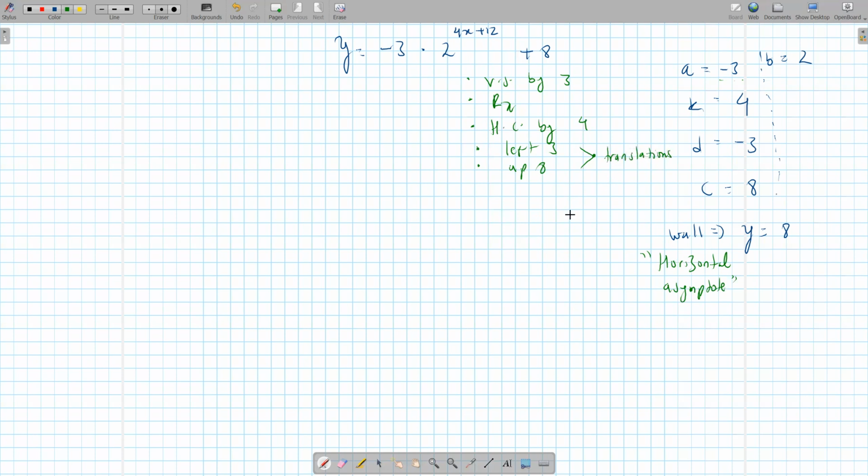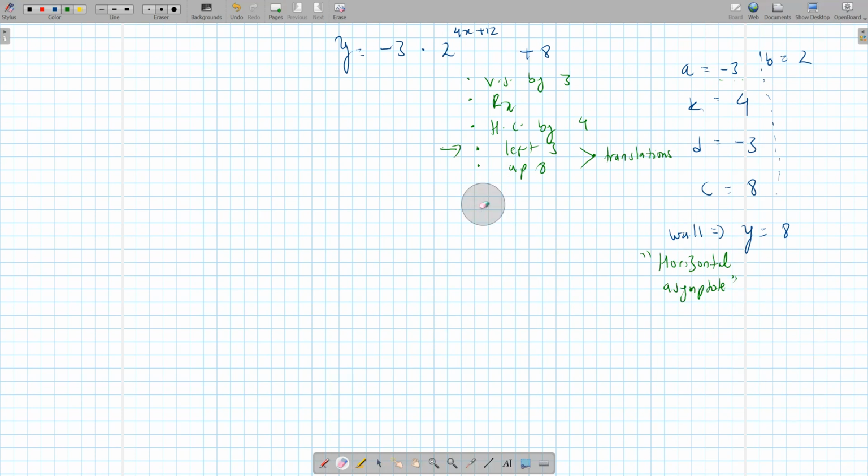Not like from Chinese to English or something. Translation means it moves, like it can move either up, down, left, or right. That's the technical term, okay? So for this one, we would say a horizontal translation, left by 3 units. For this one, we would say a vertical translation, up by 8 units.